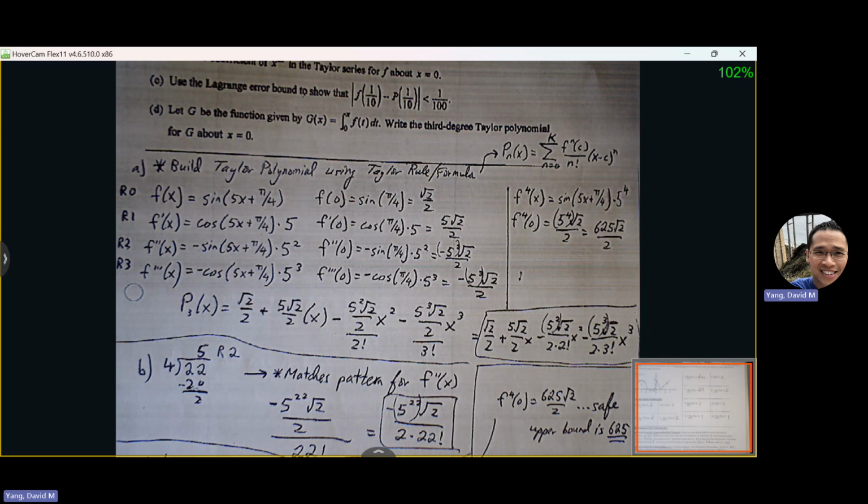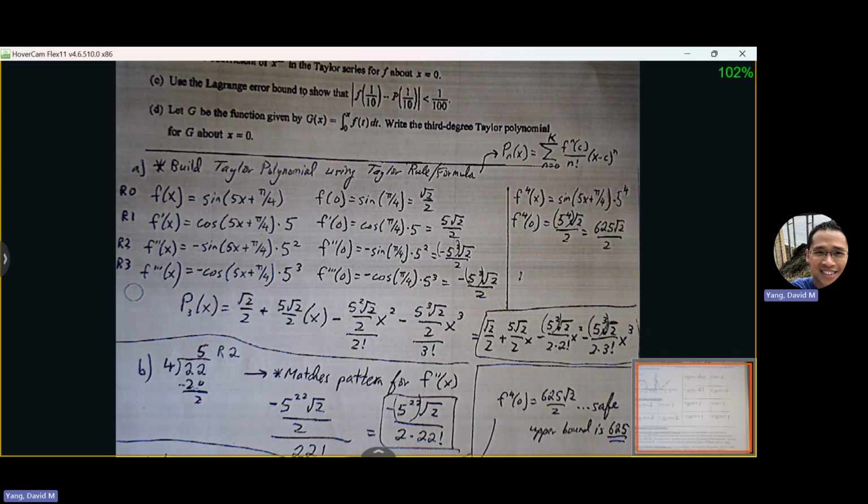But you could also just go through each of the derivatives all the way to the 22nd, but I think it's faster if we recognize there's a pattern, and then figure out which pattern it is. After the 22nd derivative, the chain rule is going to keep producing a times 5, so it'll be up to 5 to the 22nd.